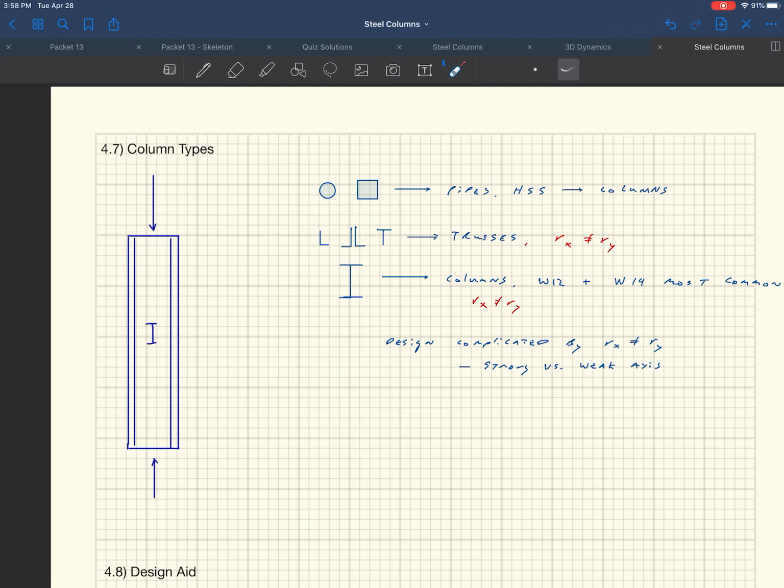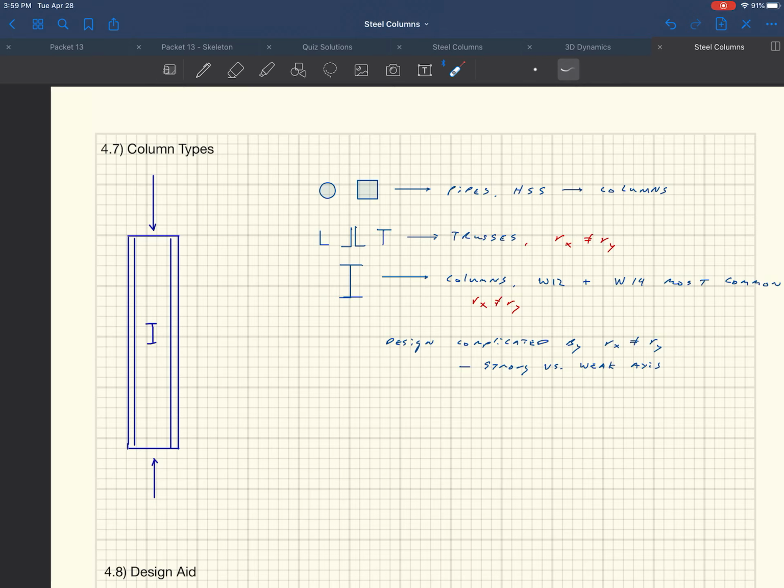So I apply a load on this thing, immediately you're going to be like, well, I mentioned last night, if I just had a yardstick and I applied a load on the yardstick, it's gonna buckle on the weak axis, right? It's gonna pop out towards the weak axis. It won't buckle over the strong axis because it's stronger that way. It's not going to go that direction unless I support that weak axis.